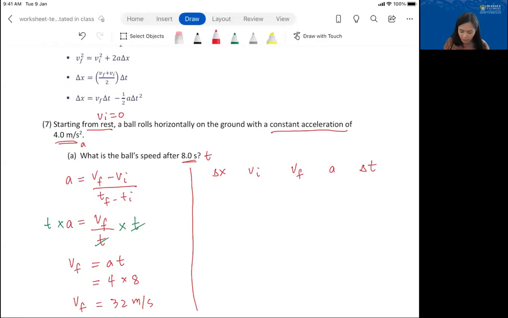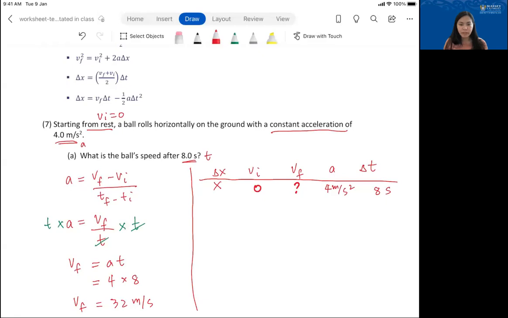Delta x is not given. Okay, we don't know what's delta x. There's no information about delta x, so we don't know that. Vi, it's implied. Vi is 0 because your object starts from rest. VF, that's what we want to find. What's the ball's final speed? Okay, acceleration is given, 4 meters per second squared. Okay, and the time is given, 8 seconds.